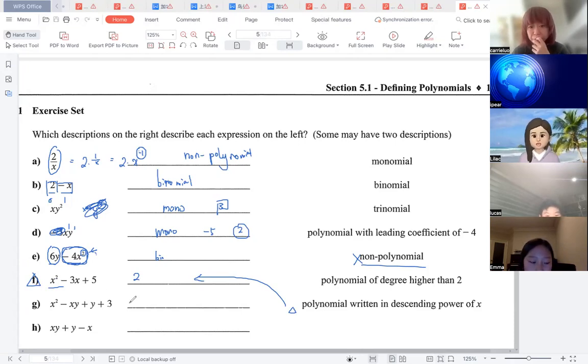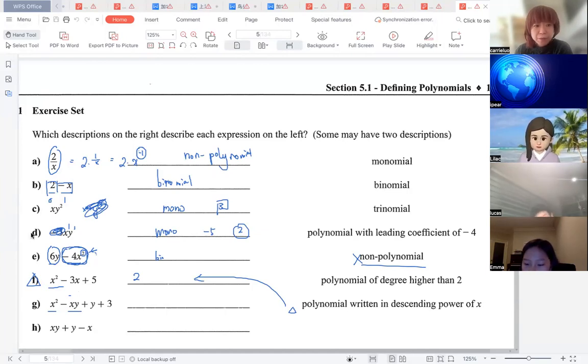Very good. And also, could you please tell me what is the leading degrees of this one? 2. How many leading terms are there? There are two, okay. So x squared with the leading term. Both of them having the leading term of 2.